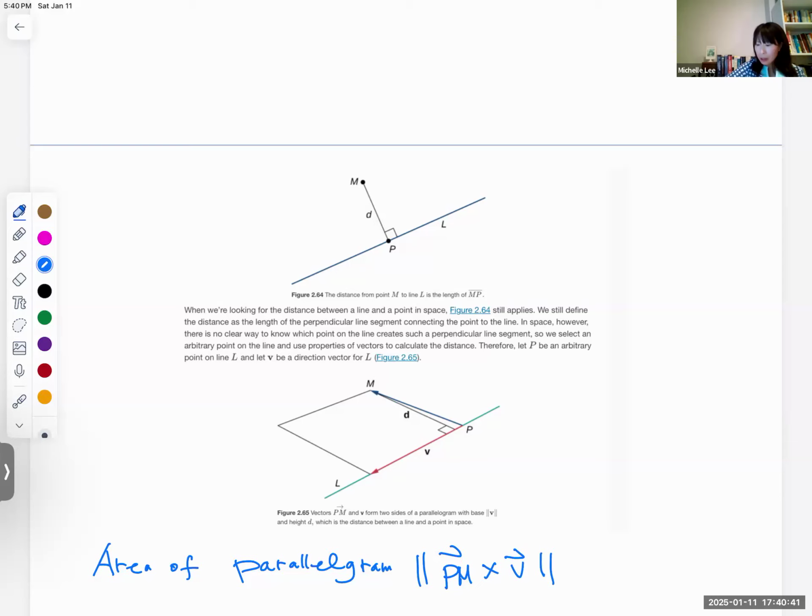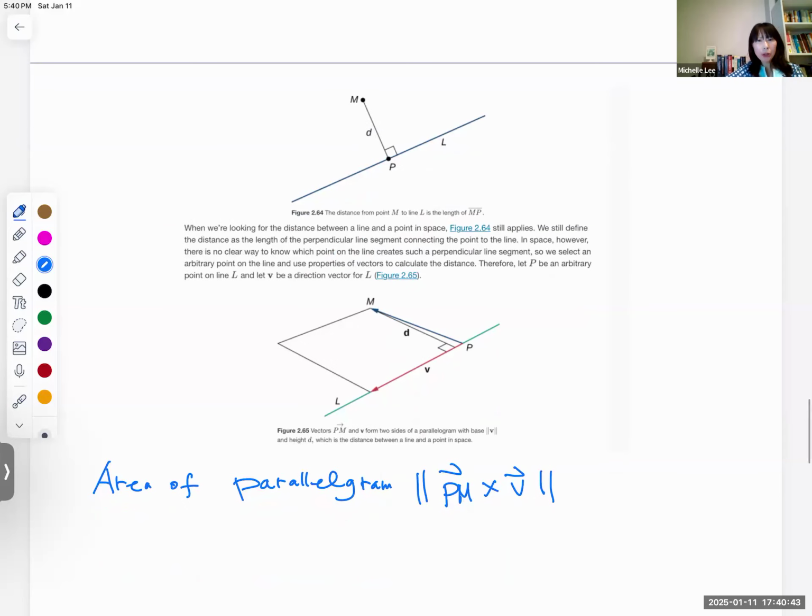Then the area of the parallelogram, we had the magnitude of vector PQ cross product with vector V. We can express this as base times height, right? So in that case, the magnitude of vector V times D. So this is the base, and this is the height.